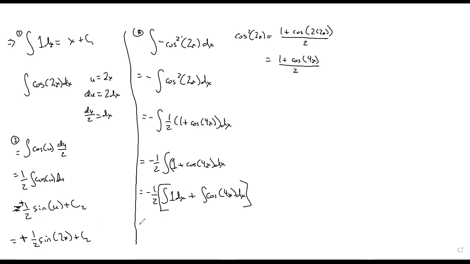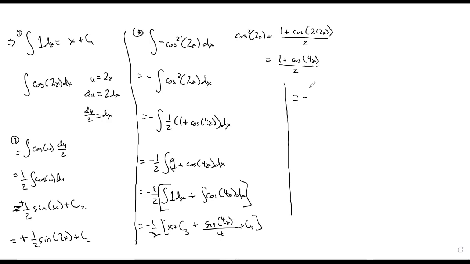And the integral of 1 again is just x, 1/2 x plus, we'll just say C3, plus cosine 4x becomes sine of 4x, all over 4, plus another constant of integration.